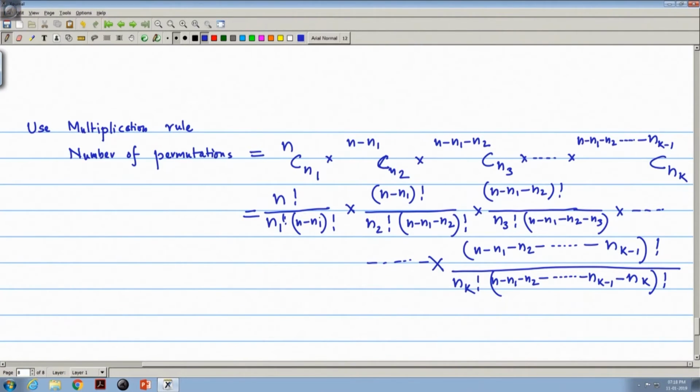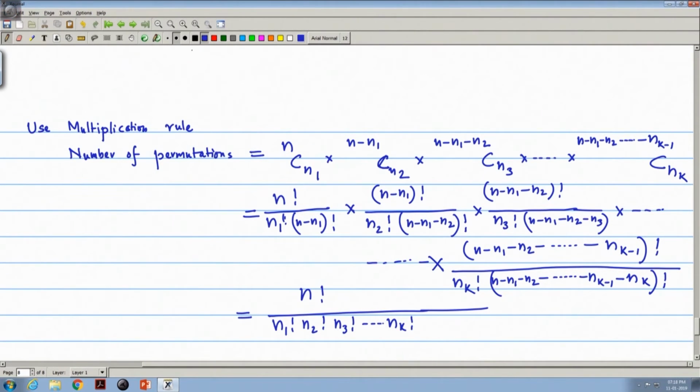So, the numerator and the previous denominator will cancel because they have the same terms n minus n1, n minus n1 minus n2. So I will be getting n factorial divided by n1 factorial, n2 factorial, n3 factorial, then nk factorial, and the last denominator will be there.